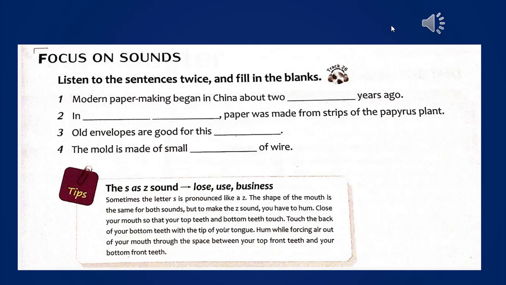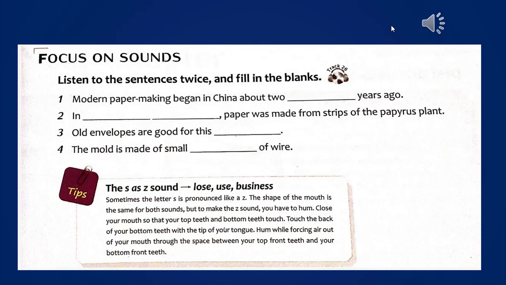So maybe in another video the teacher will explain when letter S sounds S and when it sounds Z. But make sure today that you have learned that the letter S in the second syllable sounds like letter Z, okay. The last one, everyone, the mold is made of what? Made of squares of wire, okay.